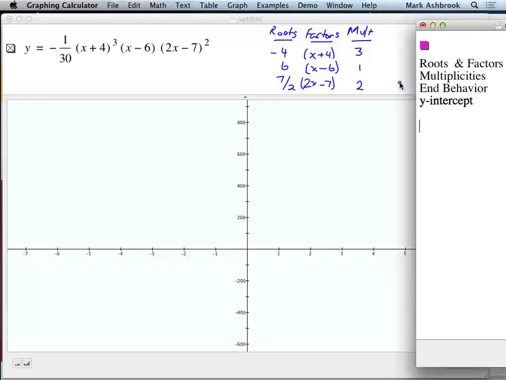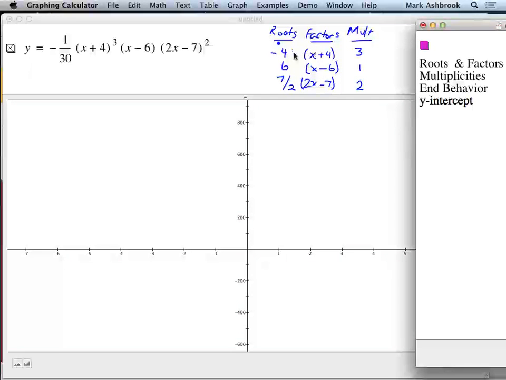Okay, and so what do the roots tell us about the graph? Like negative 4, what does this negative 4 mean for the graph, Ajane? What does that give us in terms of graphing this? Not sure, Renee.